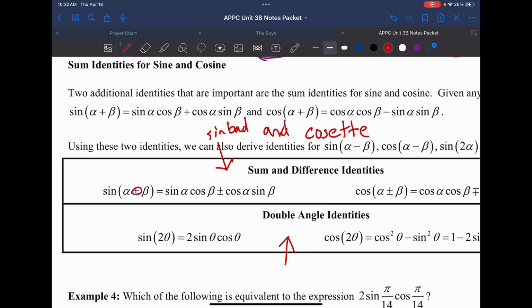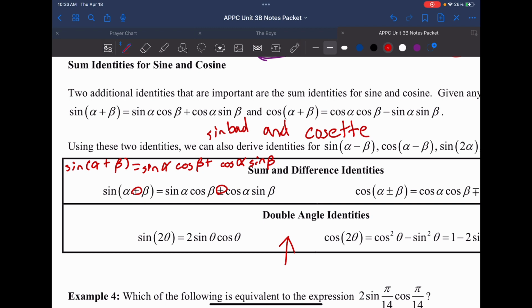The positive version would be sine of alpha plus beta equals sine alpha cosine beta, using the top one with the top, plus cosine alpha sine beta.